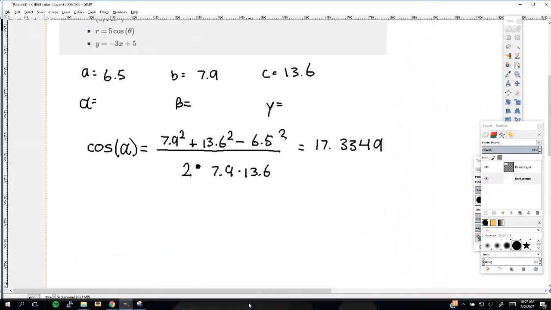Hmm. Let me see. Now it gave me 53.5. Yeah, that's not quite what I got.